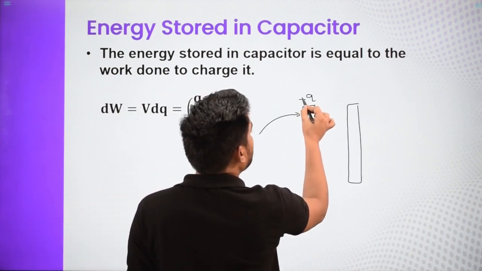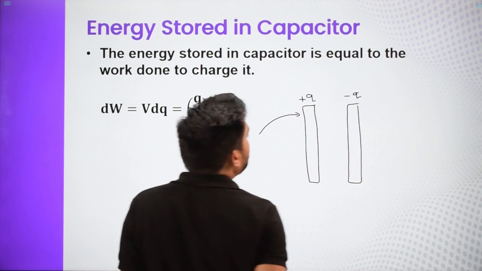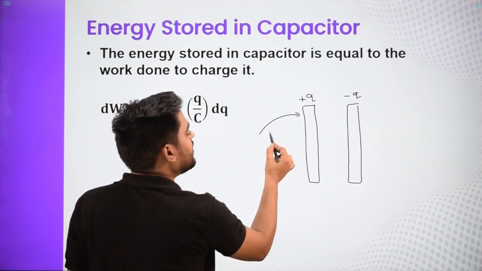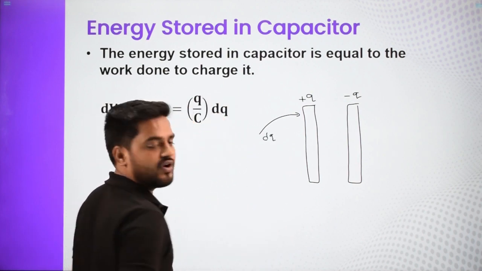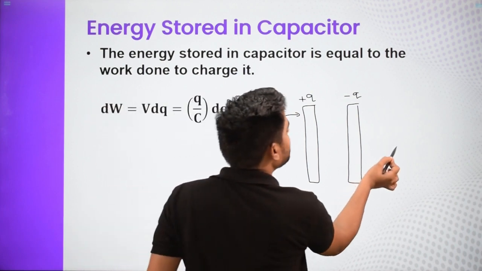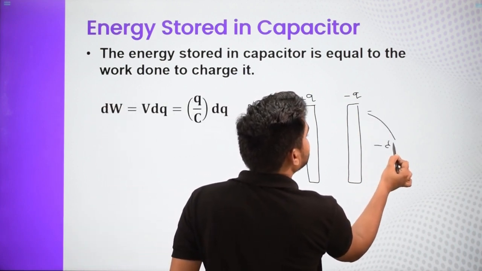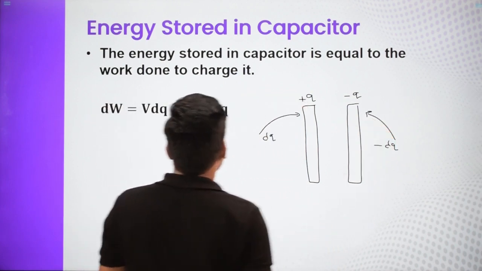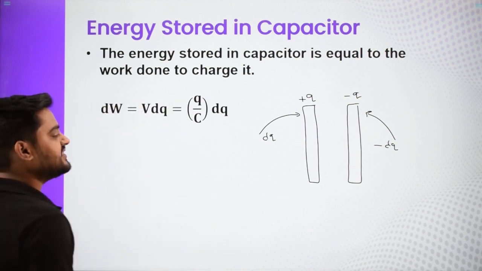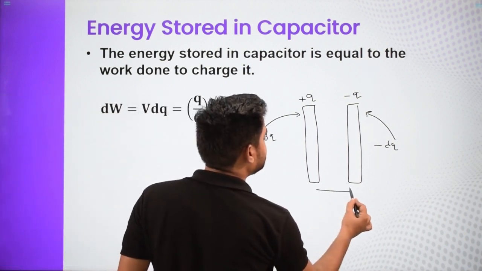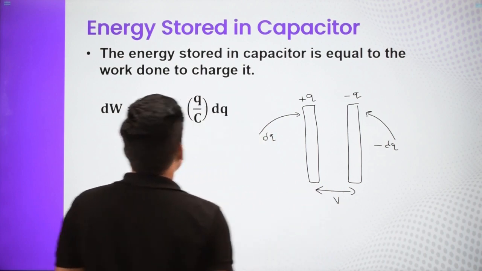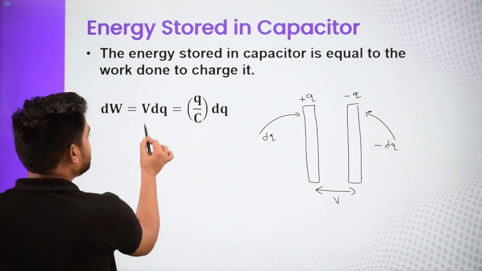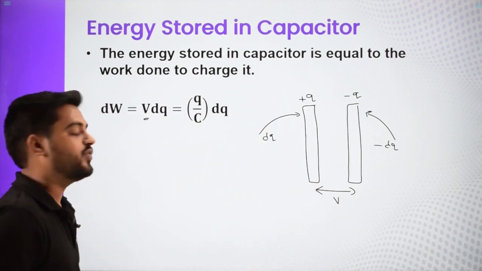So there is already charge plus Q and minus Q on the plates. What I am going to do is give a further charge of dq on this and a charge of minus dq on this. So how much is the work done? Let the potential difference between them be V. The work done is nothing but V times dq.